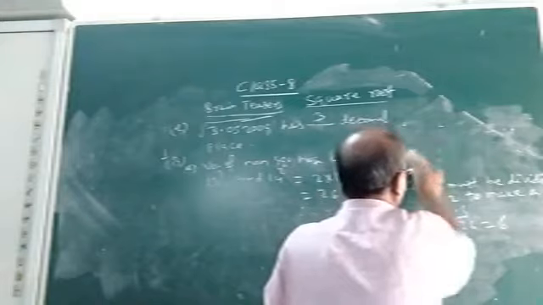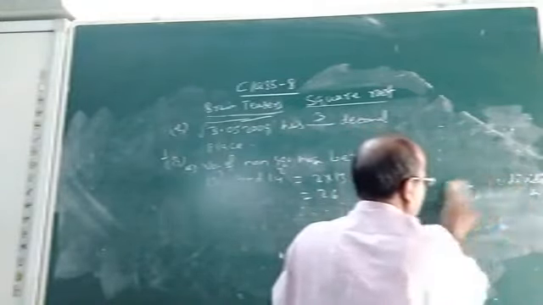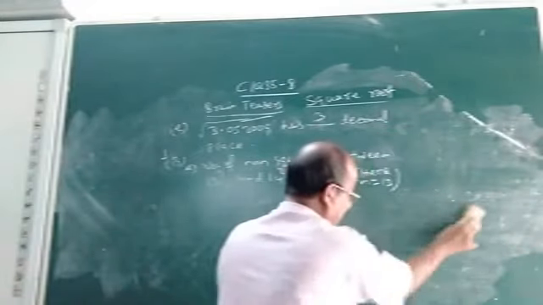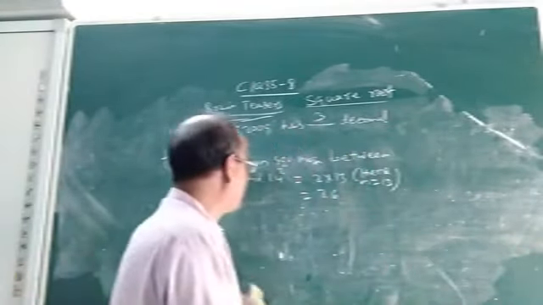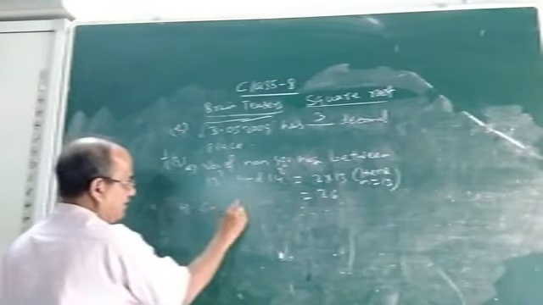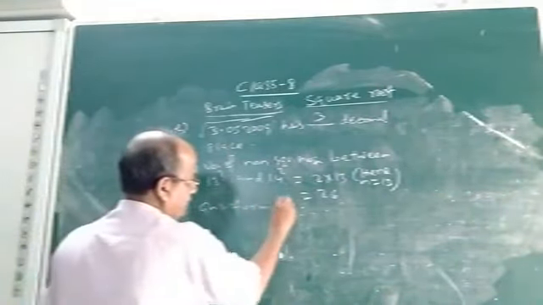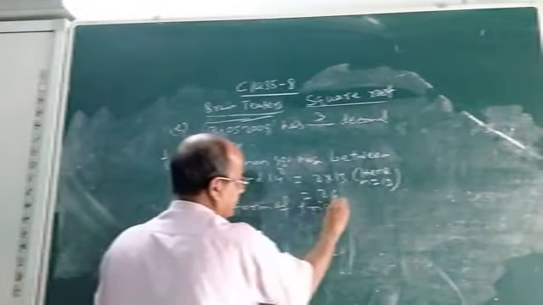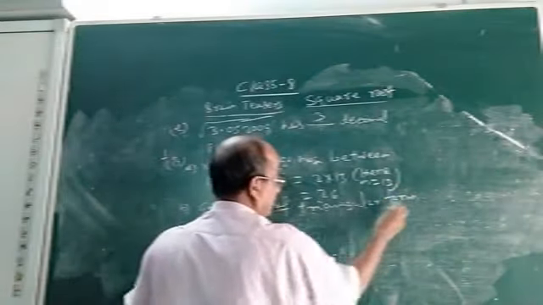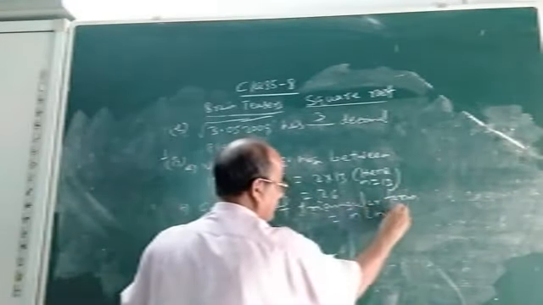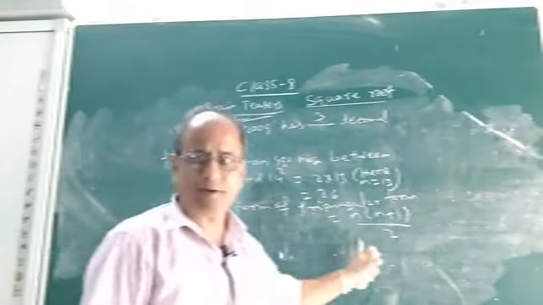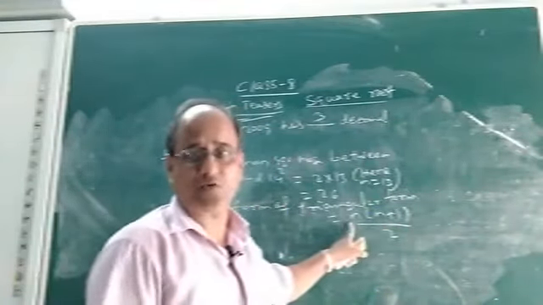Triangular numbers are numbers whose dot patterns can be presented in the form of a triangle. What is the general form? The general form of a triangular number is n into n plus 1 by 2, where n is any natural number.